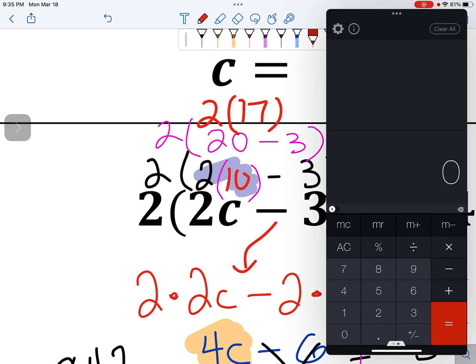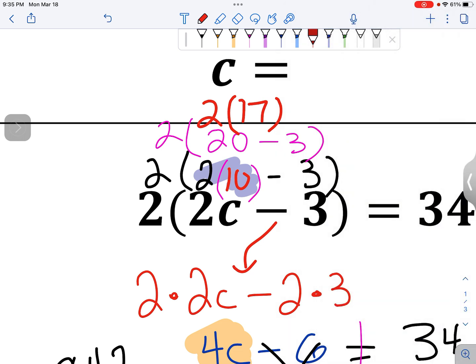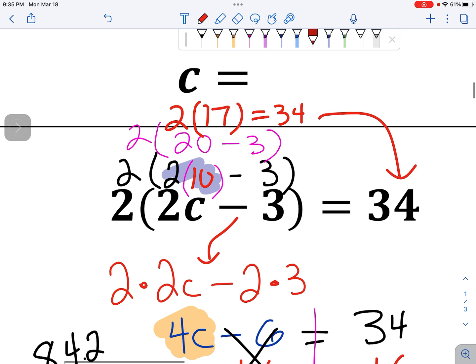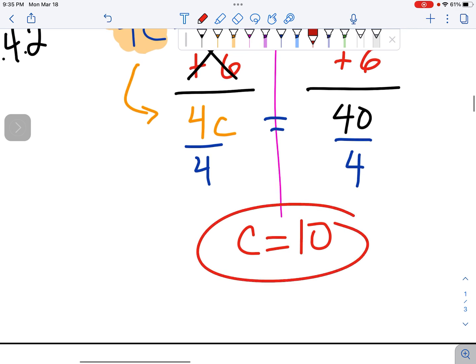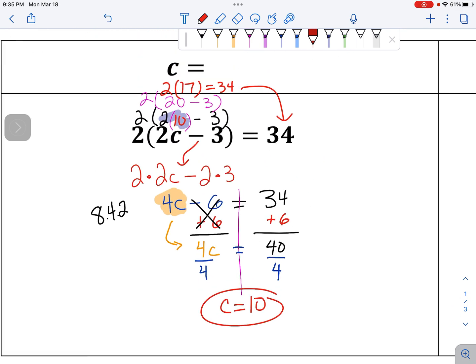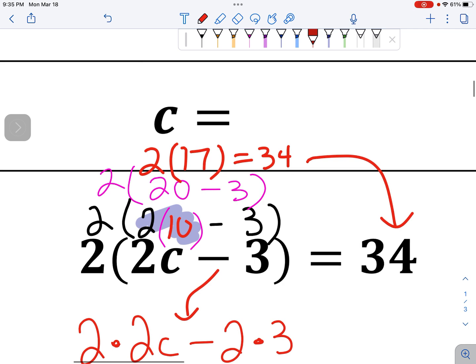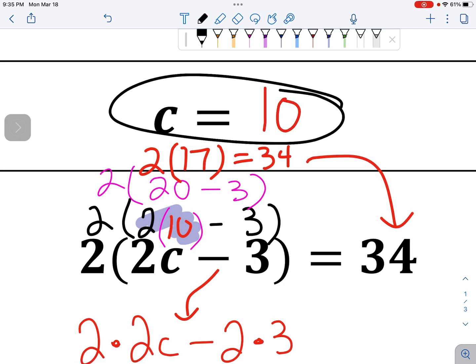Grabbing my calculator, 2 times 17 is 34. Oh yeah, look, it matches. That means, not that C is 17, go back down to the bottom. C was 10. When we replaced C with 10, we got a true statement. So our final answer, C equals 10.